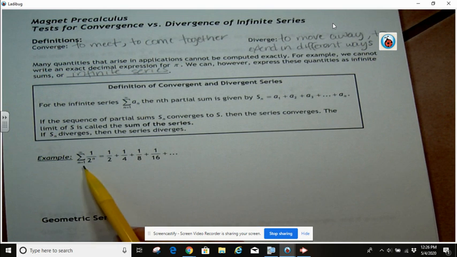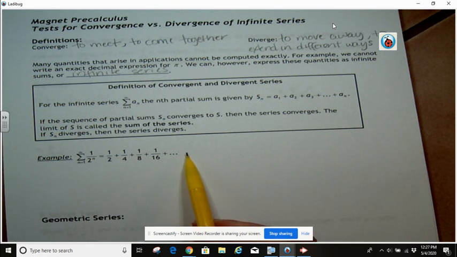But if you substitute 1 in for n, you get the first term of 1/2. It's a series, so we're going to do pluses. If we substitute 2 in, we get the second term 1/4. If we substitute 3 in, we get the third term 1 over 8. The fourth term is 1/16. And this pattern would continue to keep going until whatever our nth partial sum we needed that to go to.